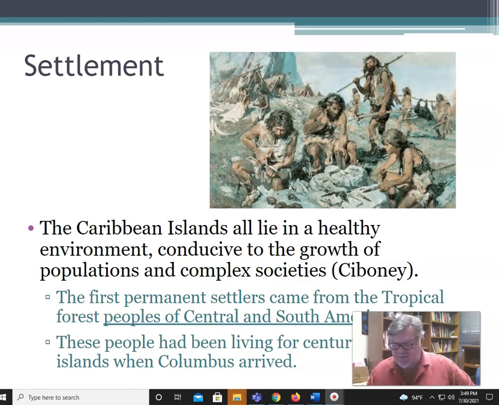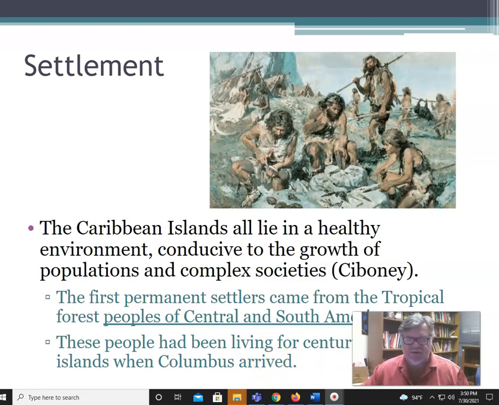The only remnants of them when the Spanish arrived were a group called the Siboney that lived on the far western part of Cuba, and they were not a complex society. Quite the opposite. They were a very simple society. They were nowhere near the technical development of the Taino Arawaks in terms of farming, hunting, fishing. They lived in caves. They were basically a remnant from the Stone Age peoples.